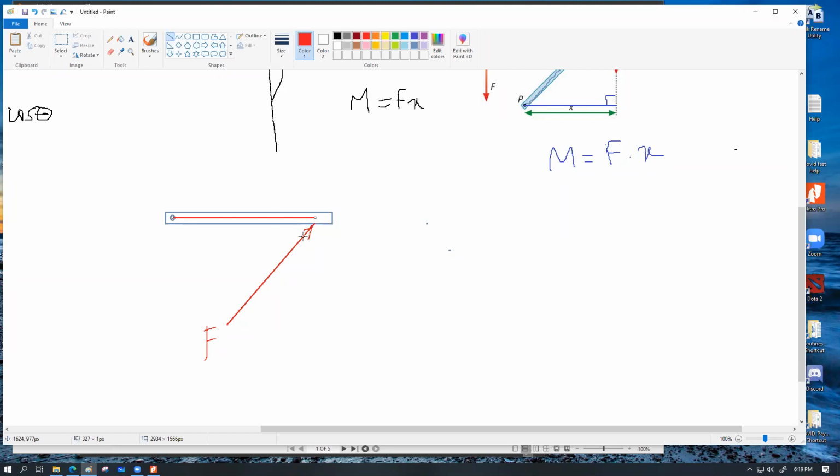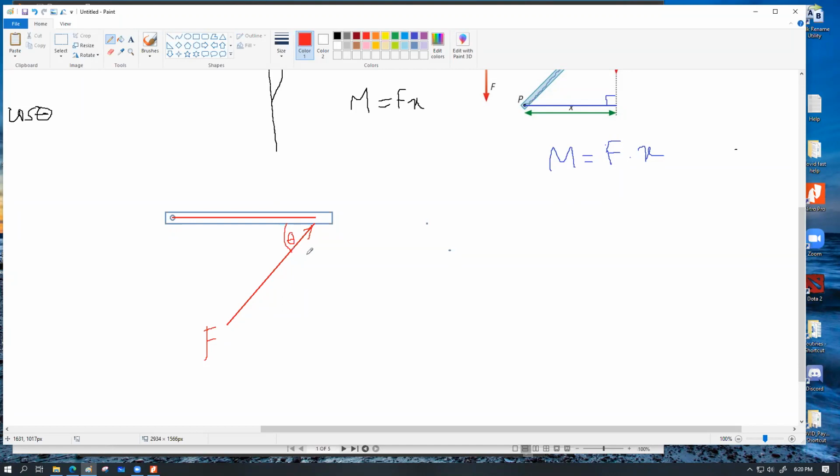All right, this would work. Yeah, this would work. Let's say the angle over here is theta degrees. So in this case, what I'm trying to show you is that I'm trying to push the door in the forward direction.